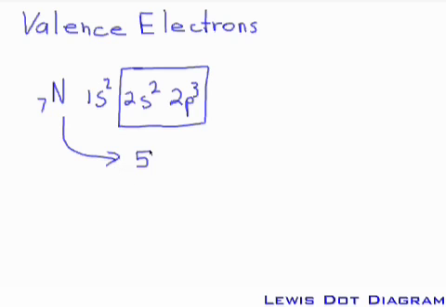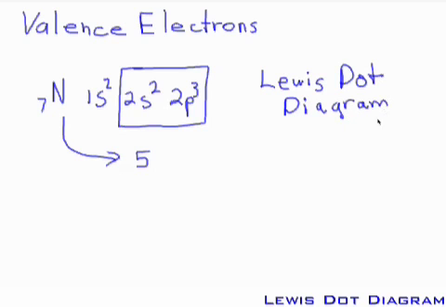Now, nitrogen with 5 valence electrons is represented in what is called a Lewis dot diagram. And a Lewis dot diagram involves drawing the element symbol and then just drawing 1 dot for all the valence electrons.